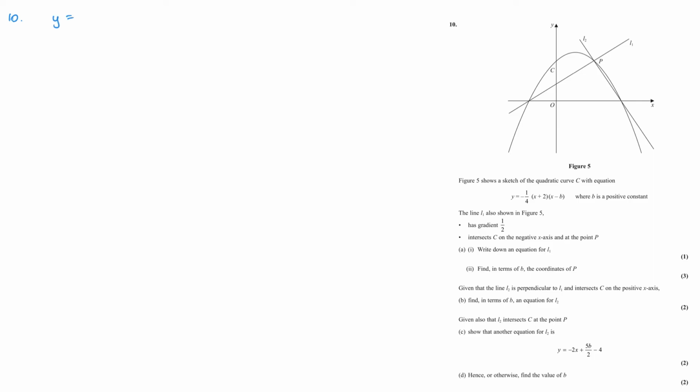Let's expand this here, which is the curve. So you've got minus a quarter x squared minus bx plus 2x minus 2b.